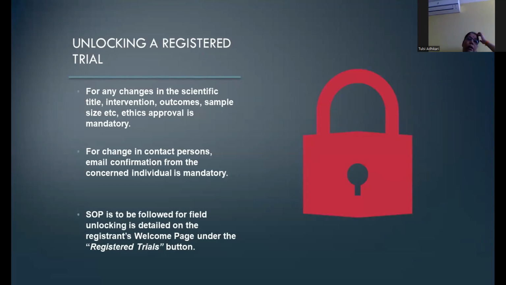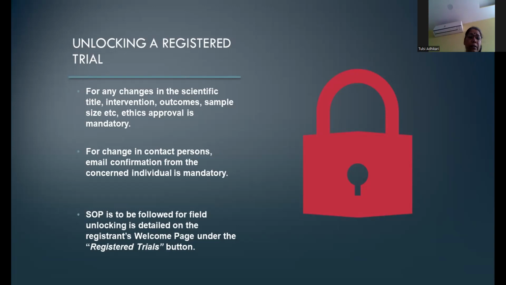So for unlocking a registered trial, suppose a trial is registered, as I already mentioned in the last slide, if you want to modify, all those fields have to be unlocked from CTRI. So you have to send a request to CTRI that if these are the modifications we want to update, and then you have to upload the ethics approval for that also, and you have to specify which fields are to be unlocked.